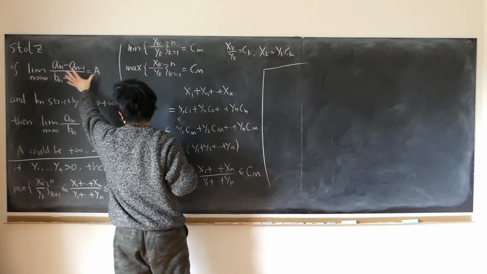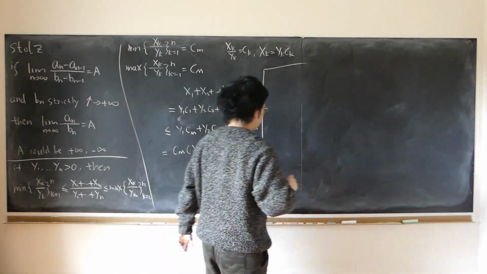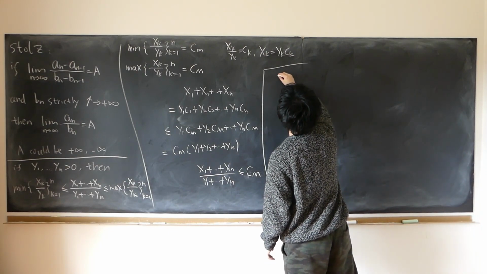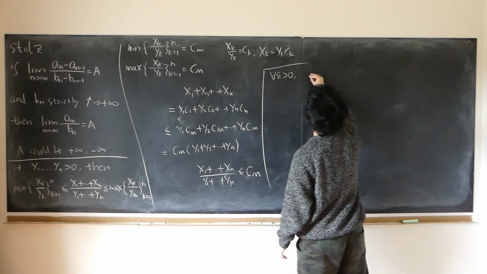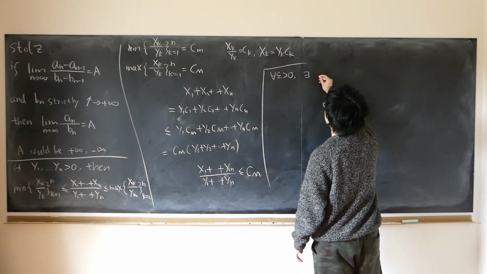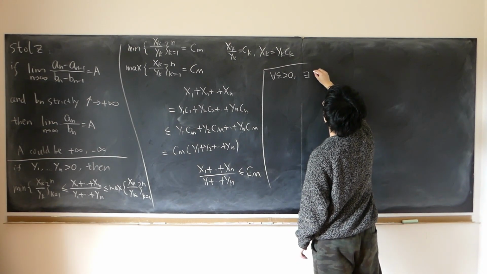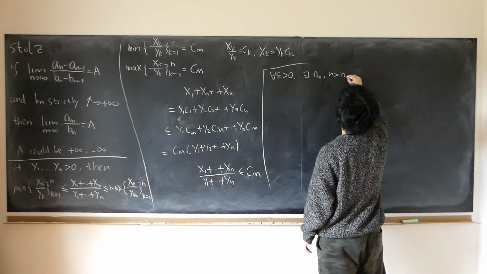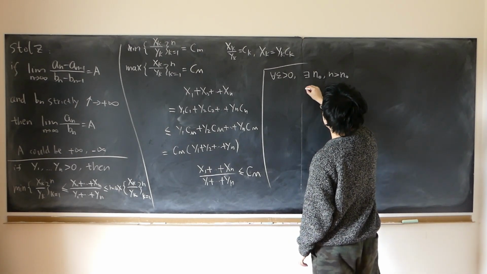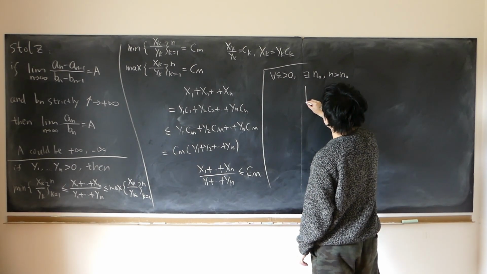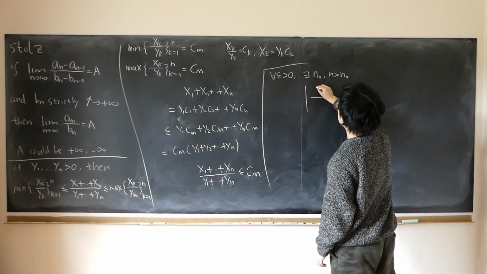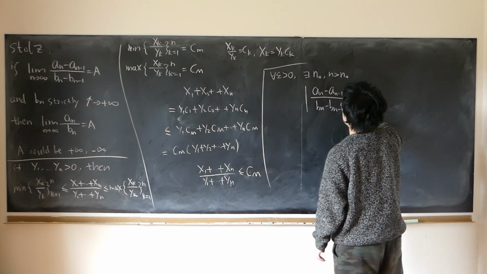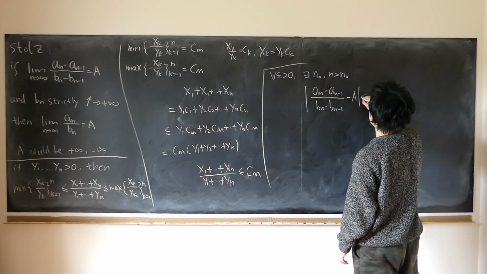If this limit is a finite number, then what's going to happen is that for any epsilon, there is a capital N, maybe n naught, a fixed n naught, such that as long as little n is bigger than n naught, we have the following inequality: the absolute value of an minus an minus 1 over bn minus bn minus 1 minus a is smaller than epsilon.